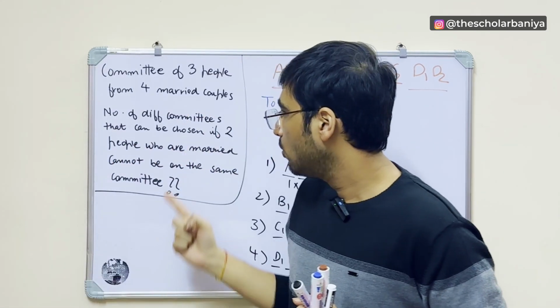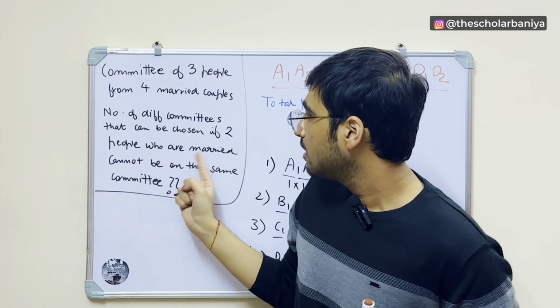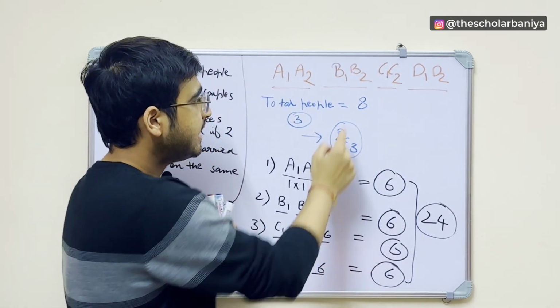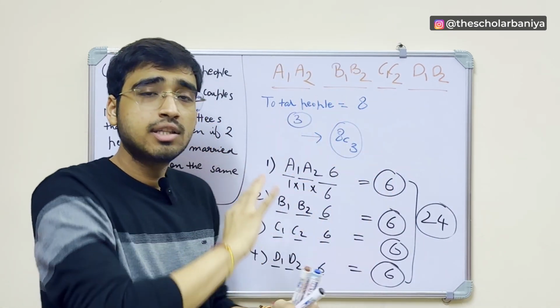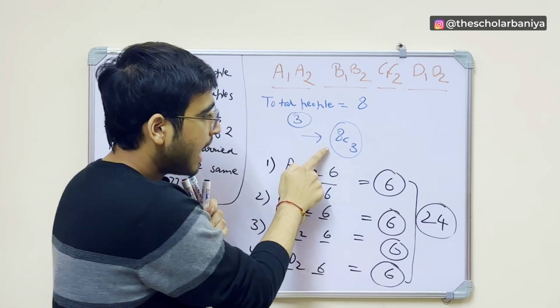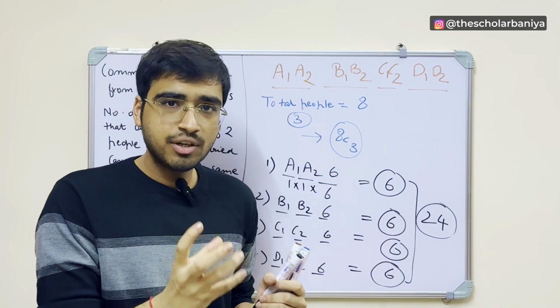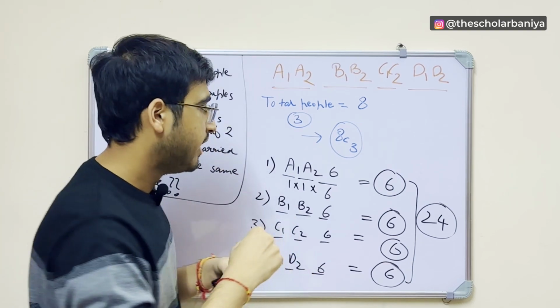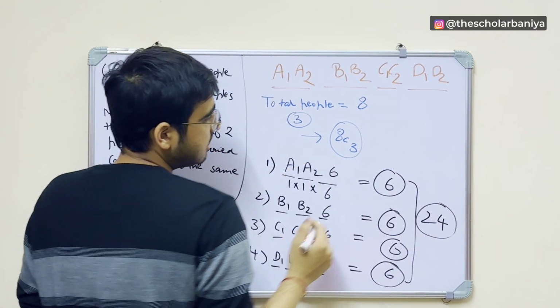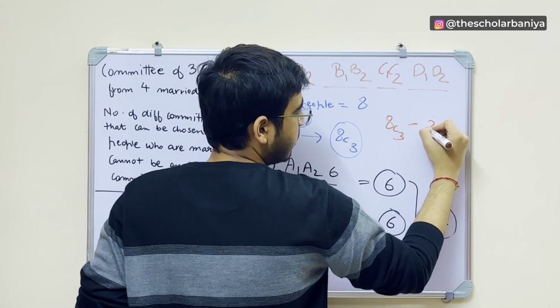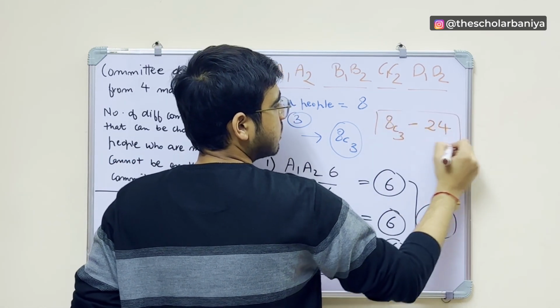But we had to find out the committees in which married couples cannot be together. So what we do in that case, we take the overall answer, which is the total possible options, and we subtract this from it. So we will get the ways in which the couples are not in the same committee, right? So this becomes 8C3 minus 24. This becomes the final answer.